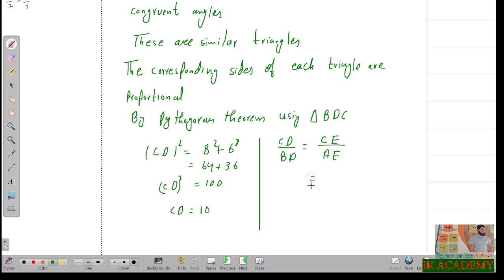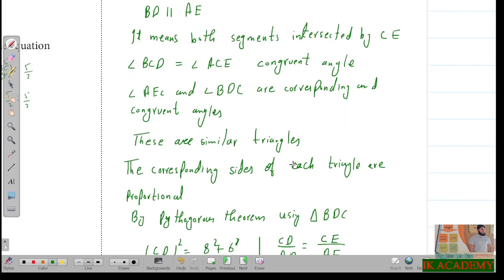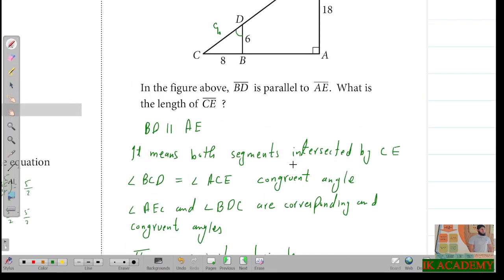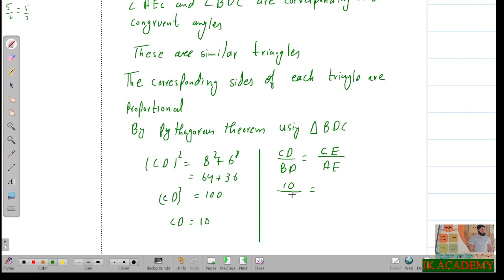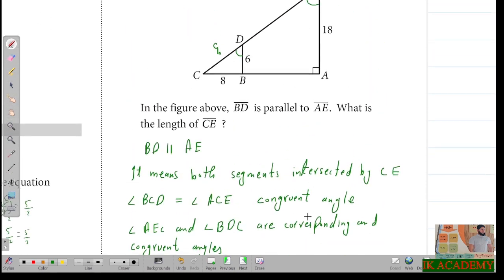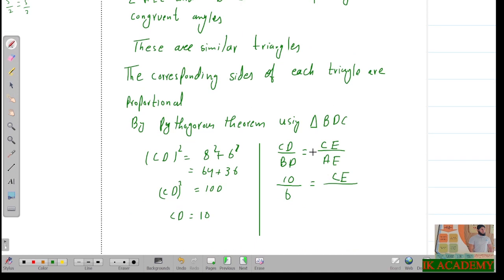So we just need to put the values. We have just found CD is equal to 10. BD, which is the perpendicular of the smaller triangle, is 6. CE we need to find out. And AE, which is the perpendicular side of the bigger triangle, is equal to 18.